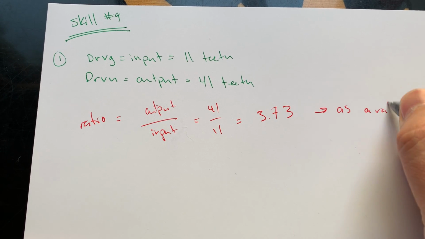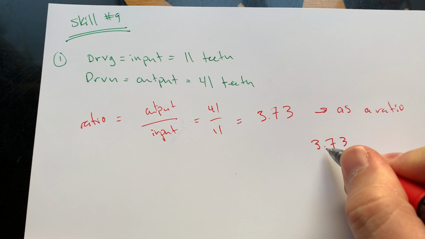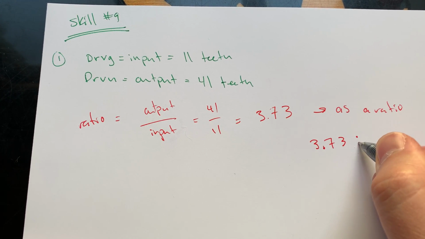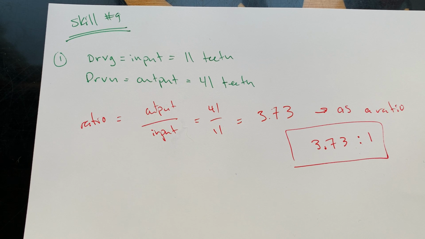Then as a ratio, it's 3.73 to 1. The gear ratio should be a ratio, hence 3.73 to 1. So that's 3.73 turns, just about 3 and 3/4 turns of the first gear to get 1 turn of the second.